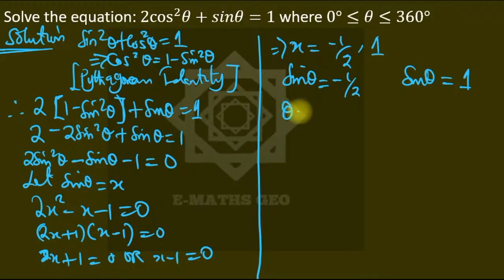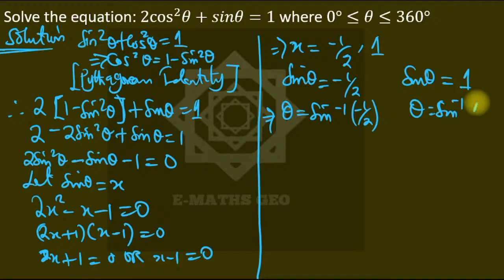So from here you see that theta is arc sine of minus half, and here is arc sine of 1. So which of the angles has sine equal to minus half? This negative shows that it must be in the third and fourth quadrants. Since sine inverse of half is 30, in the third quadrant it should be 180 plus 30, which is 210.